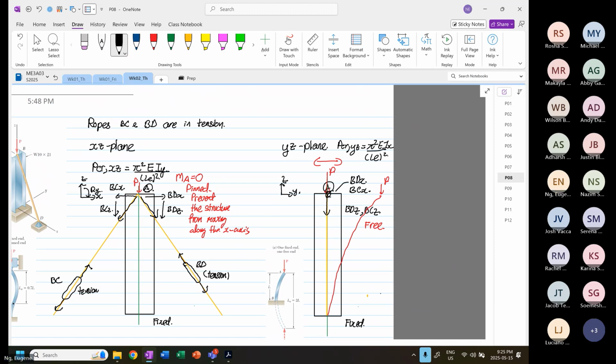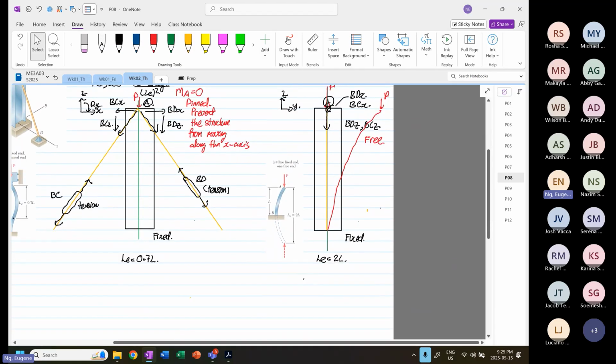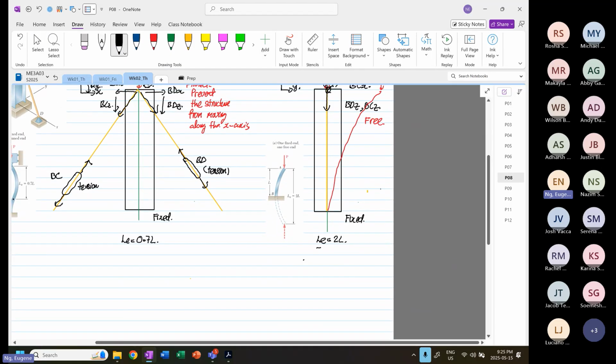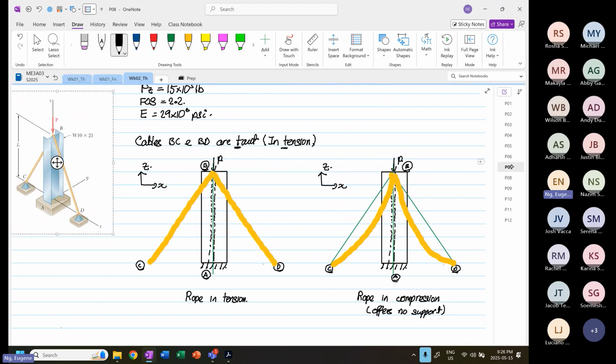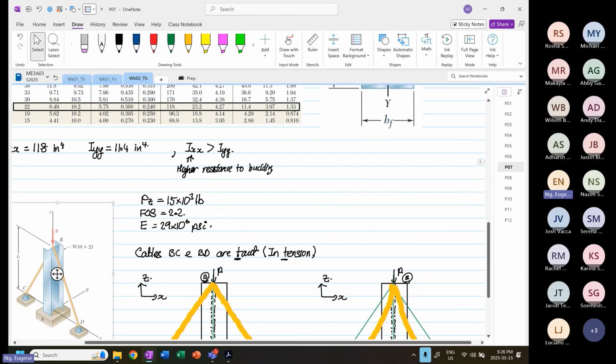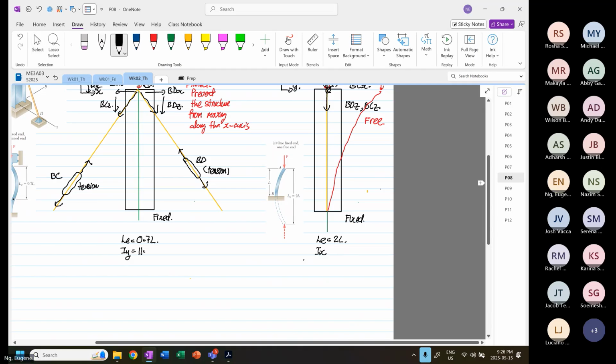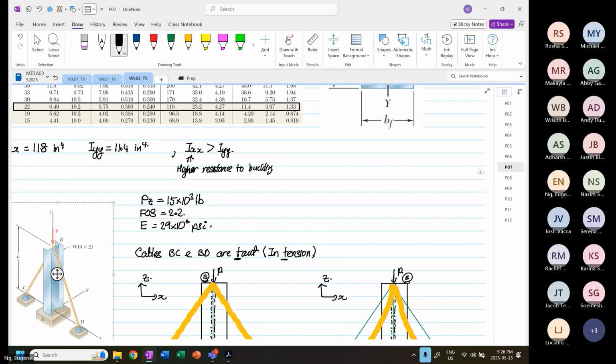Earlier we have defined our IX. So this one we use IX, and this one you use IY. So IY, as we can see on the table before, is equal to 11.4. And the other one, IX, is equal to 118.